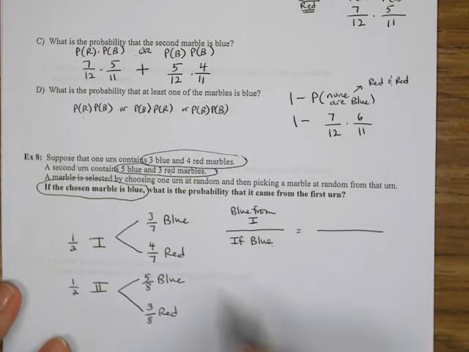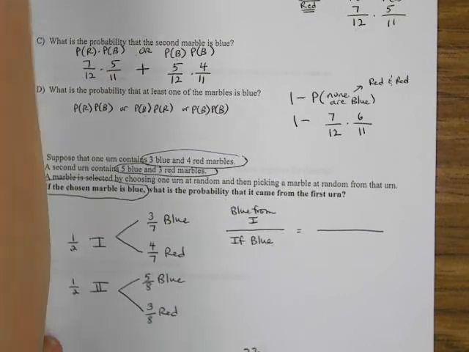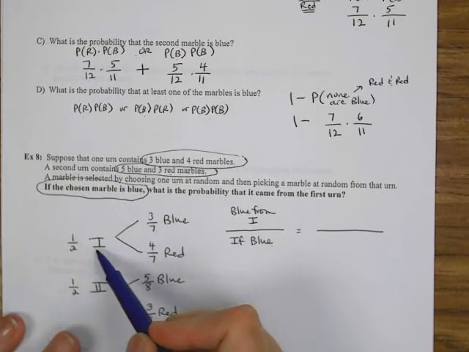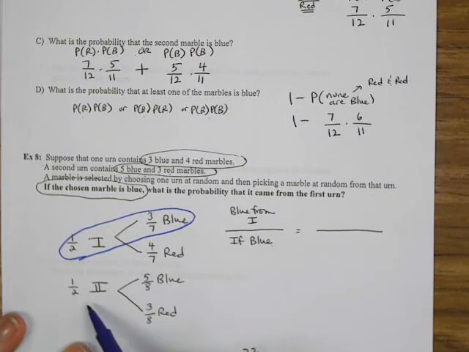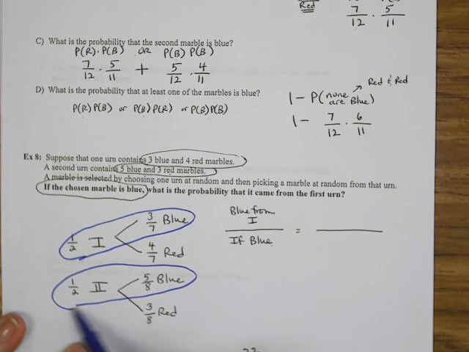All right, let's start on the bottom. How many different ways can I get a blue marble? I could pick urn 1 and then pick a blue marble, or I could get urn 2 and then pick a blue marble.